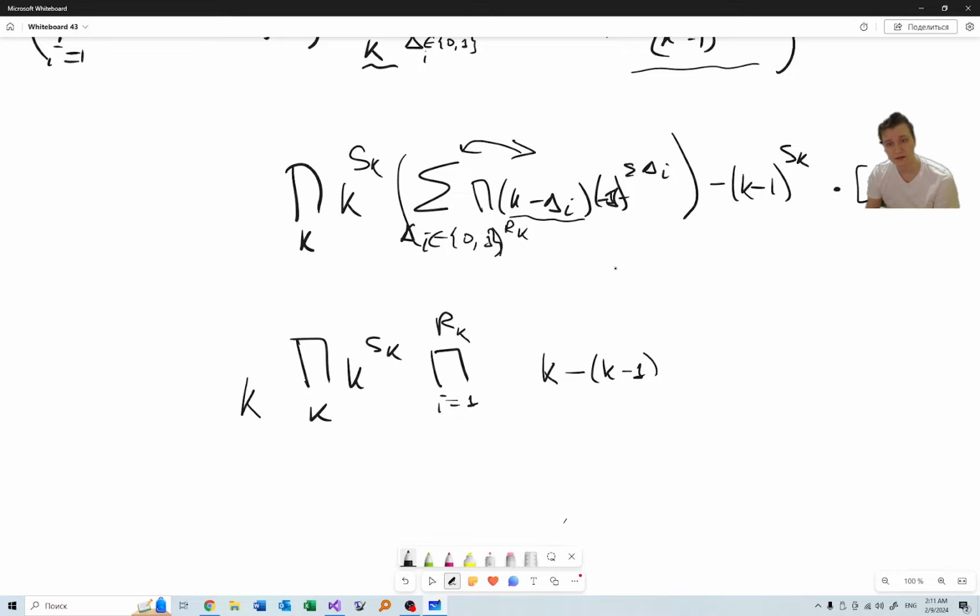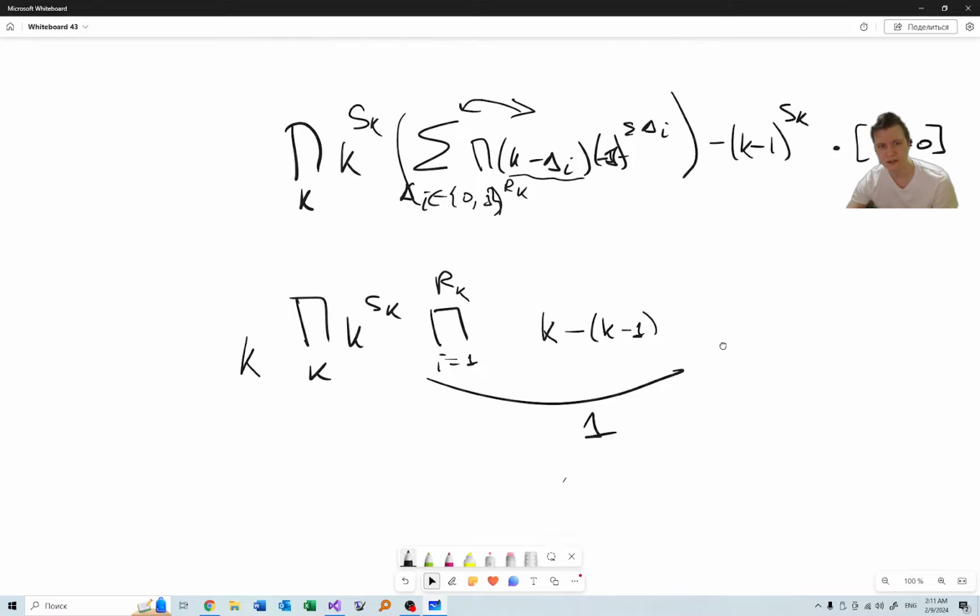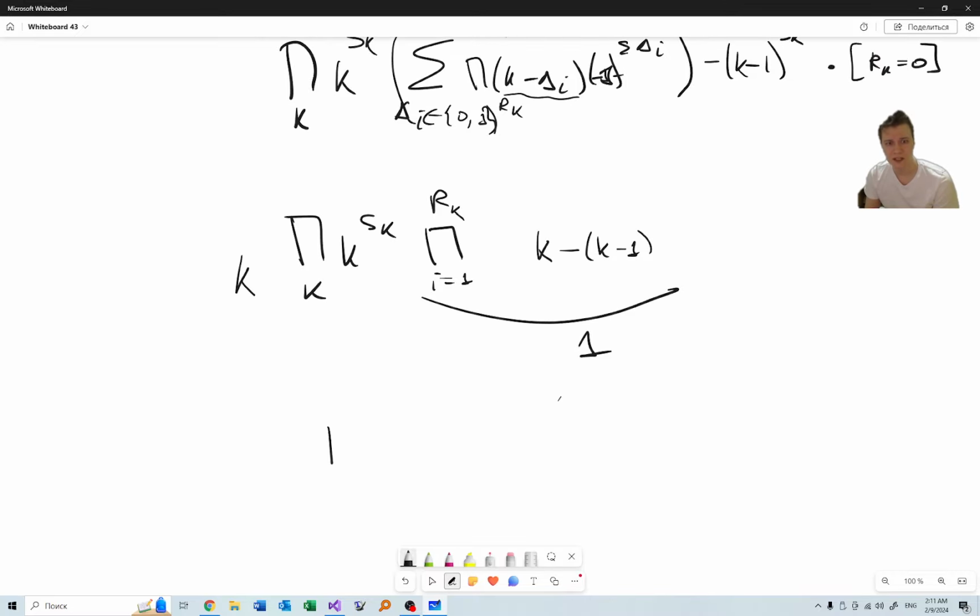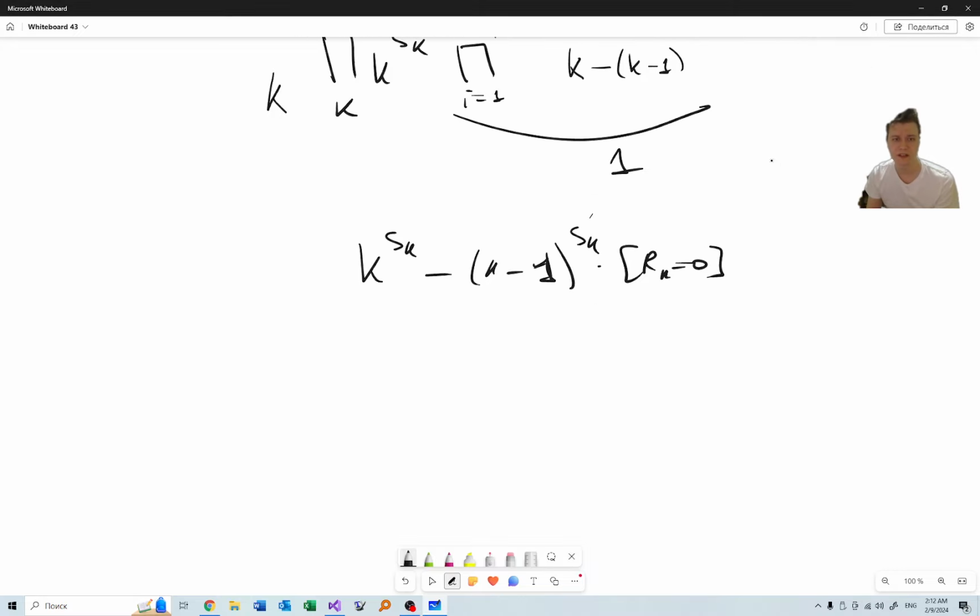And that's it. And it is simply 1. So we have simply k to the power sk minus k minus 1 to the power sk times rk equals 0. That's it. Okay, so the final formula seems like this.